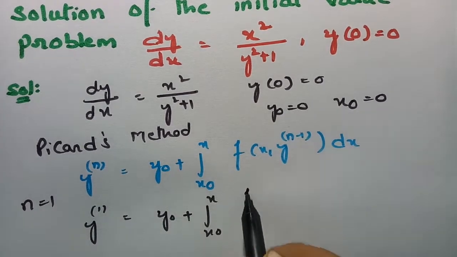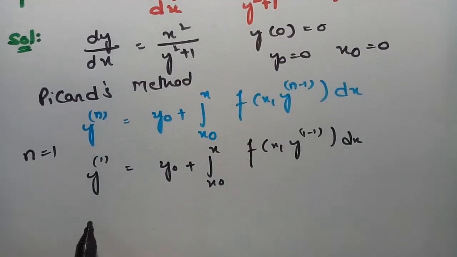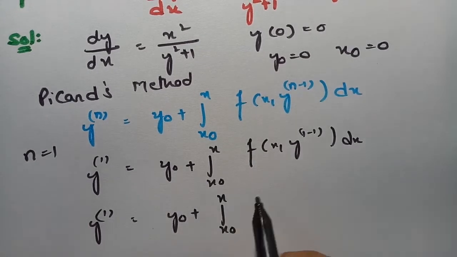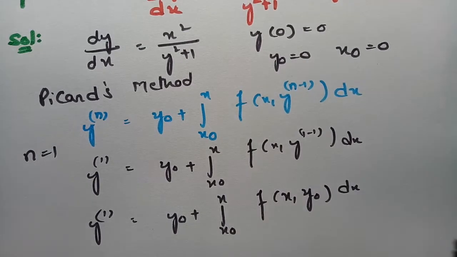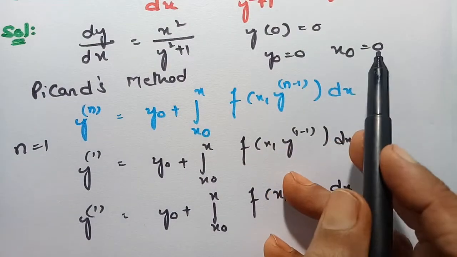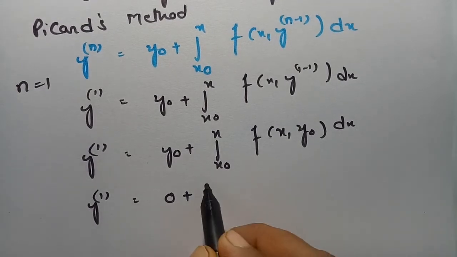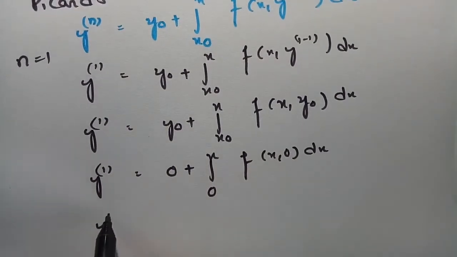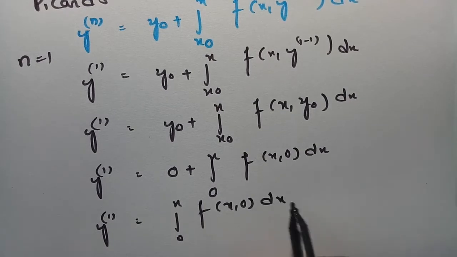This is y naught plus integral x naught to x f of x comma y naught dx. We have the value of y naught 0 and x naught 0. If I substitute this, it becomes integral 0 to x f at x comma 0 of dx.